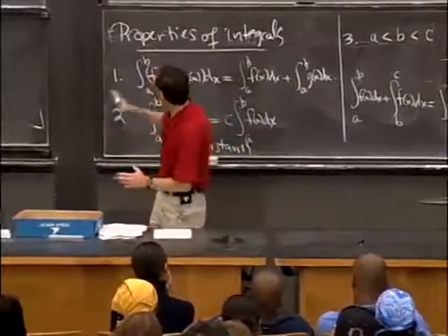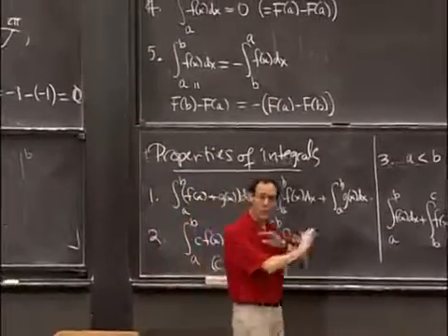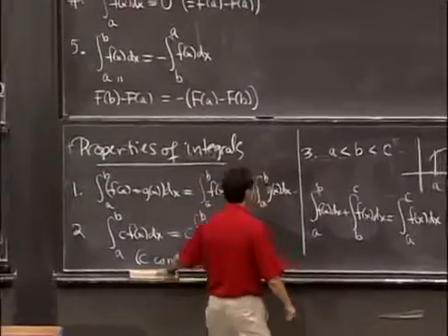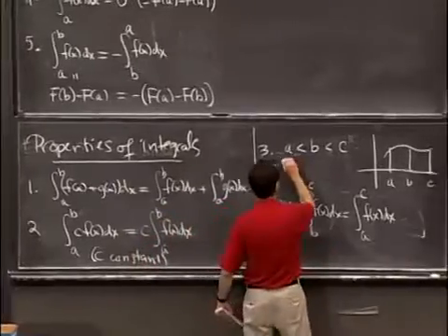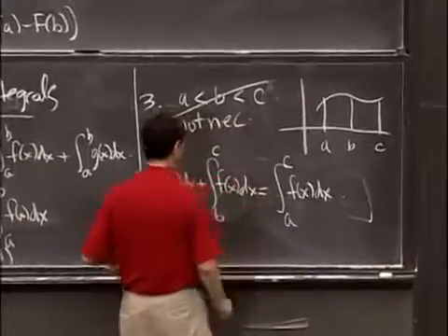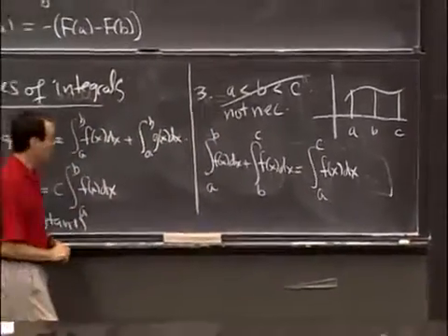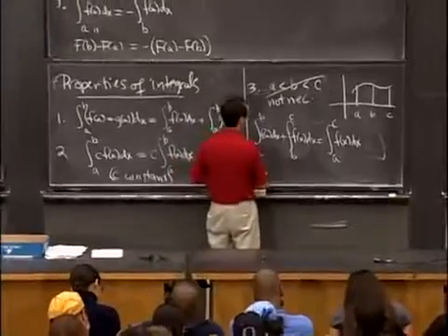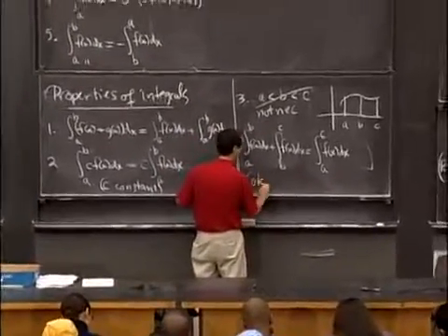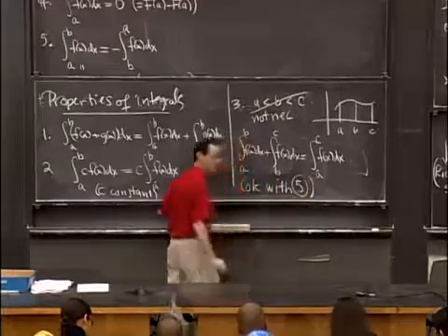And in fact, with this definition 5, Rule 3 works no matter what the numbers are. So this is much more convenient. This is not necessary. It just works using convention 5.